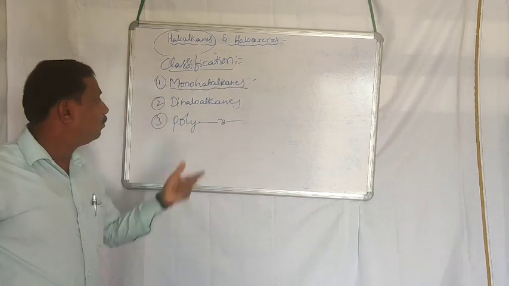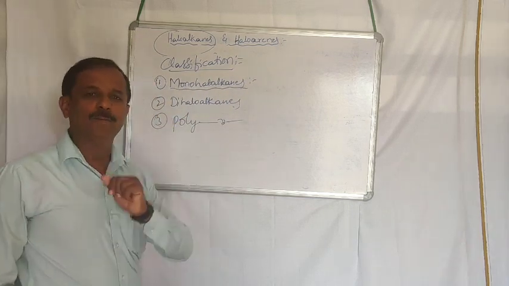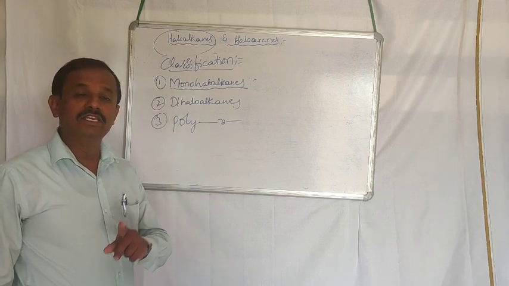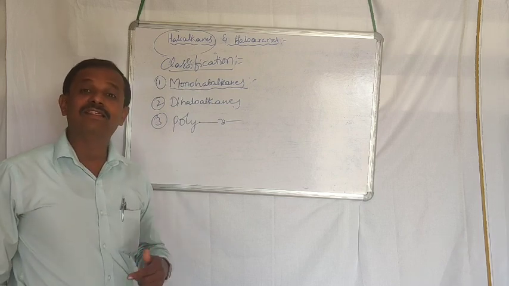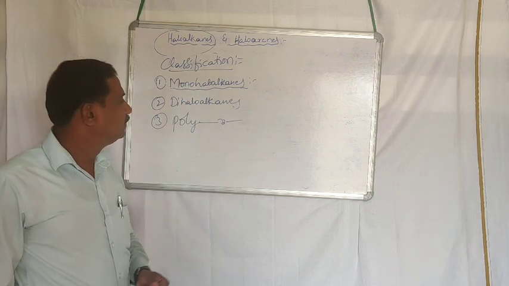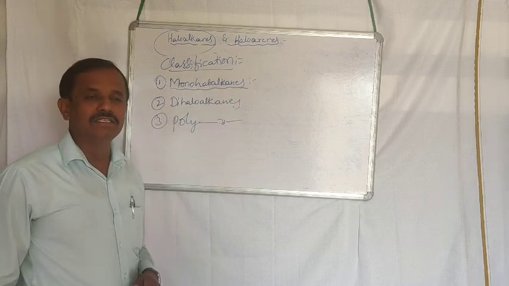Mono means one, single. If one halogen atom is present in the molecule, then it is called a monohaloalkane.